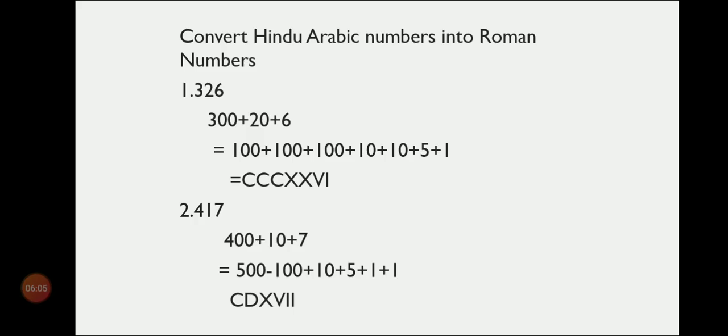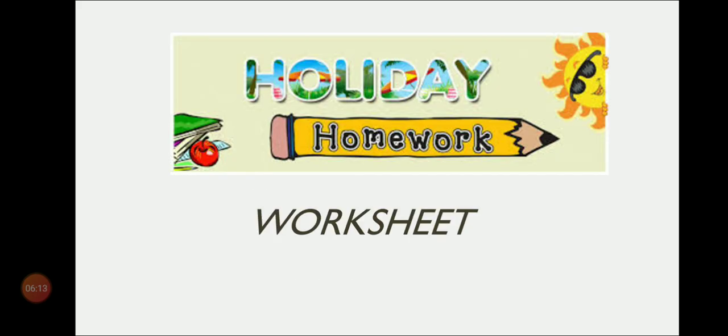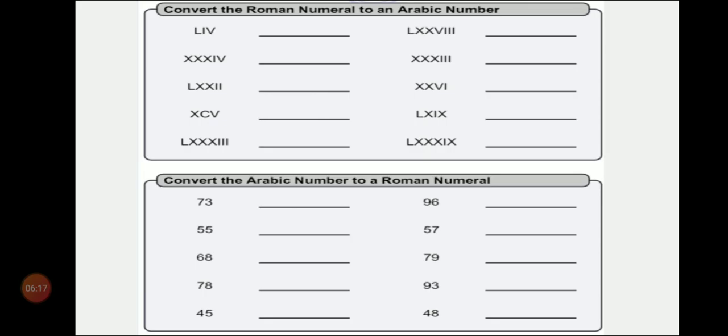And I will give some example sums like a homework related to this chapter. Now I will explain the worksheet first. First you convert the Roman numeral to an Arabic number. Yes, first we see all the additions. And second, convert the Arabic number to a Roman numeral.